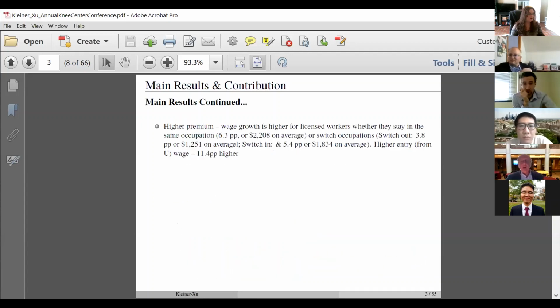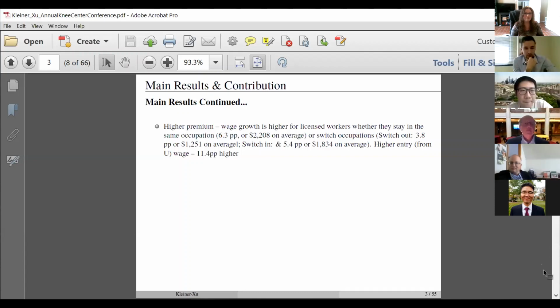The main results are that, as a result of these higher premiums, wage growth is higher for licensed workers, whether they stay in the occupation, about 6.3 percentage points, or about $2,200 on average. These are individuals who are licensed who stay in the occupation. Individuals who switch out of a licensed occupation, for example moving from being an accountant to a coder, gain as well, and the wage gain is about $1,200.